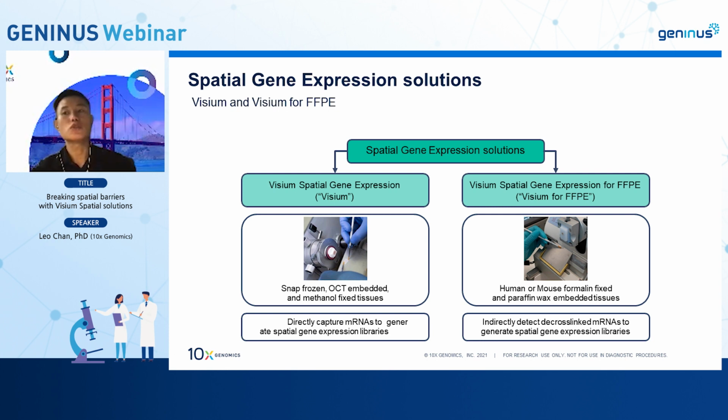Our Visium Spatial Gene Expression Assay on your left is compatible with snap-frozen and OCT-embedded tissue. And the Visium Spatial Gene Expression for FFPE assay on your right is compatible with FFPE samples. For fresh frozen samples, you can perform whole or targeted transcriptome analysis. For FFPE, we are utilizing whole transcriptome probe panels for mouse or human to enable spatial gene expression analysis.